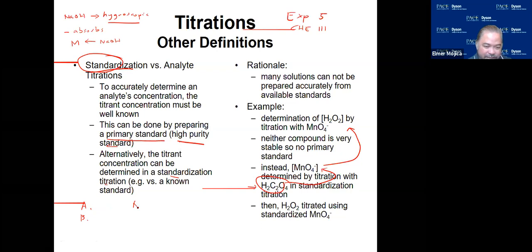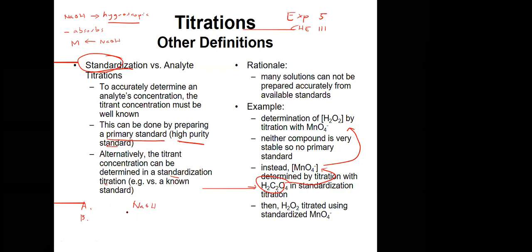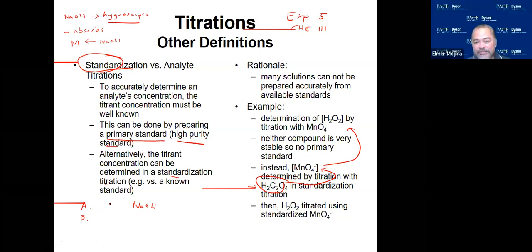We use NaOH, but that's not the primary standard that we use. So what we do is we standardize NaOH with that primary standard. Okay? It's a 3-letter acronym. Anyone? Anyone who can answer it, you can recall.